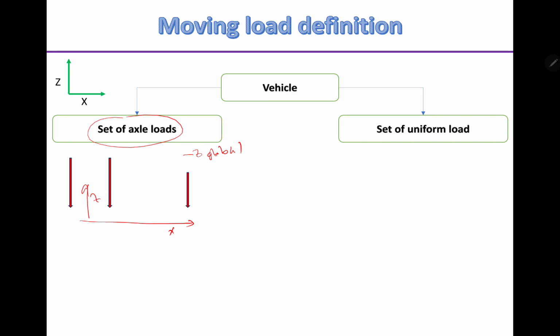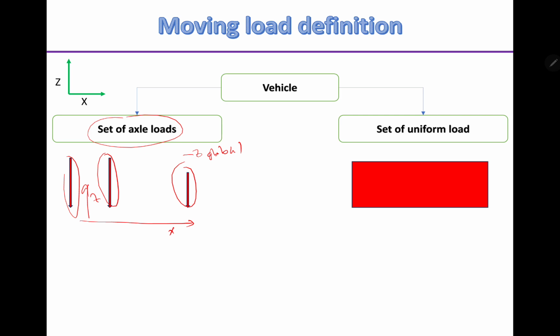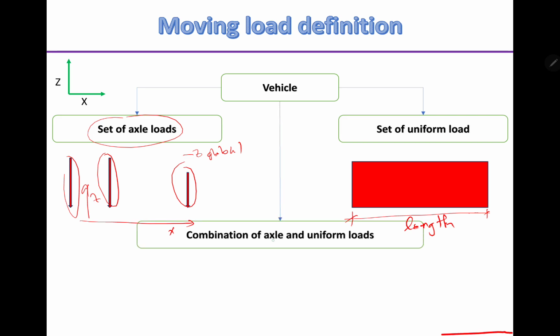So each axle load will have a force that will be applied to the structure. The uniform load is distributed uniformly along a certain length. Then we can also have a combination of axle and uniform loads.